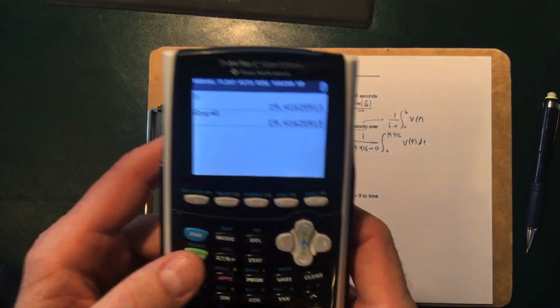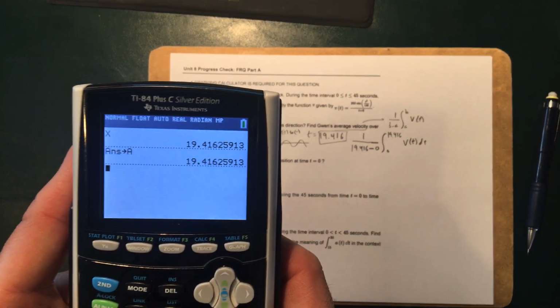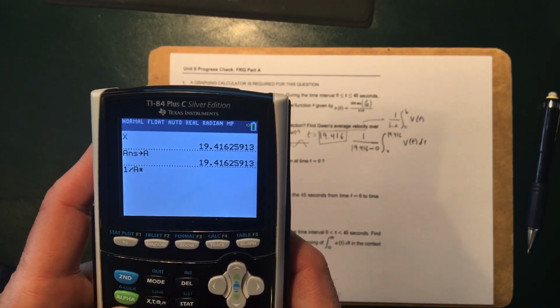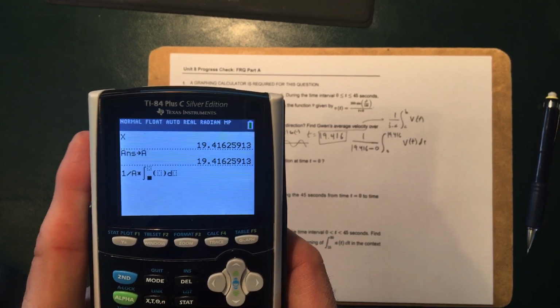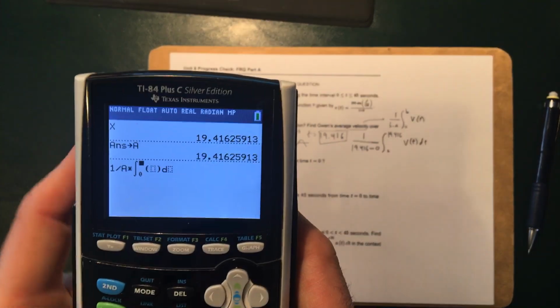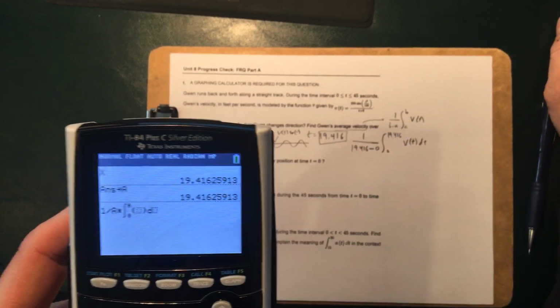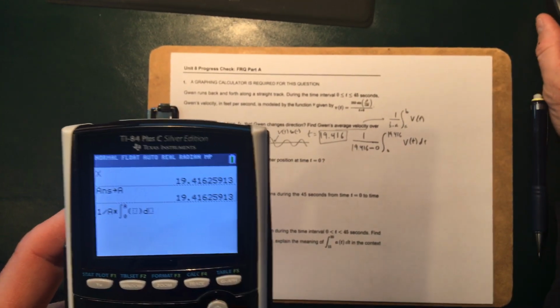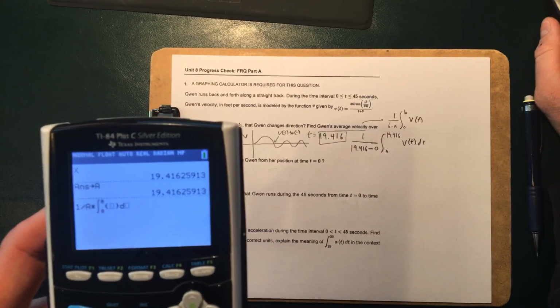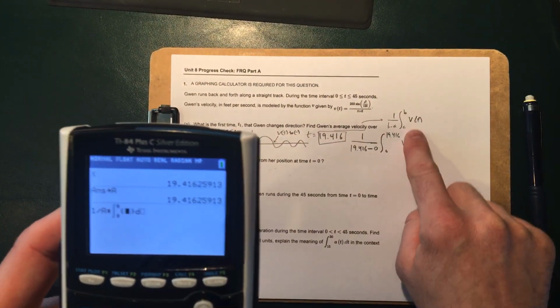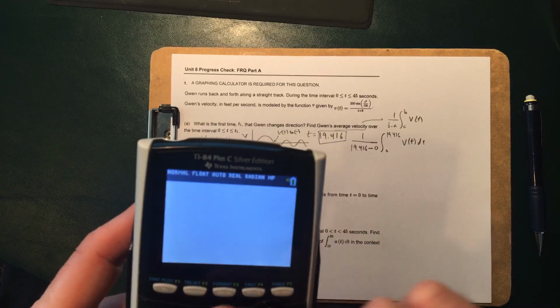Now I can go 1 divided by a times the integral, math 9, from 0 to that same value of a. Now I need the average value of the velocity, and my velocity is that equation, which we already had in y1.